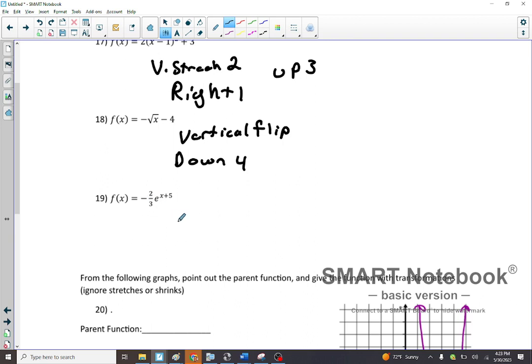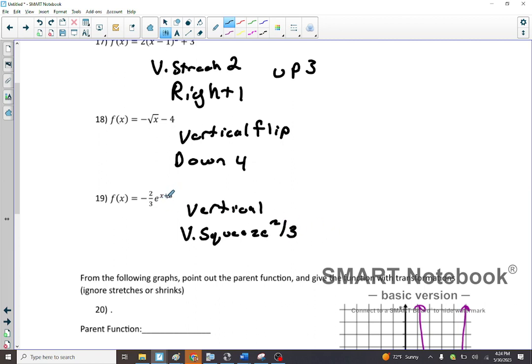All right, this one is still a vertical flip because the a value is negative. 2/3 is less than 1, so that's a vertical squeeze, or shrink by 2/3.